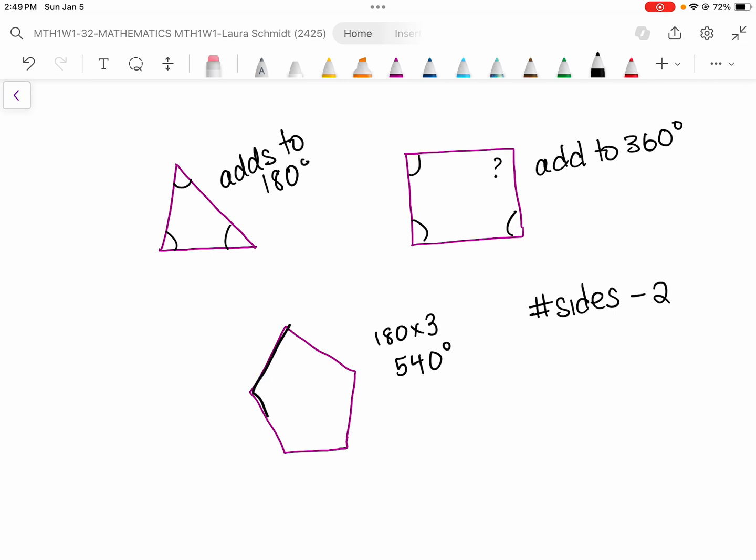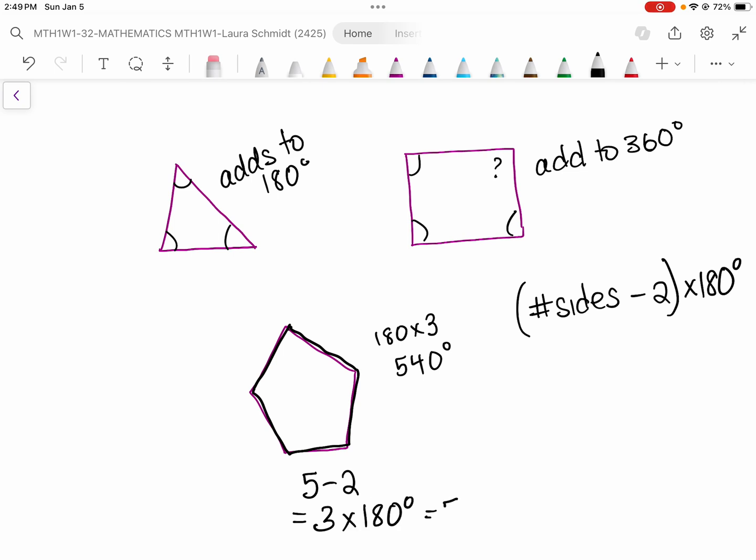So for example, a five-sided shape here. If I have 5 sides and I subtract 2, that gives me 3. And then I just take that number and multiply it by 180 because that's the number of triangles that can fit inside my shape. And that will tell me my shape can add to 540.